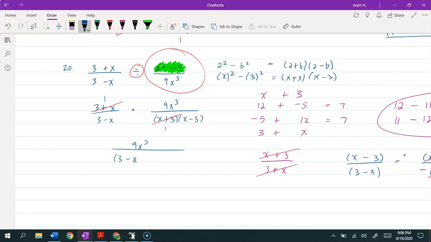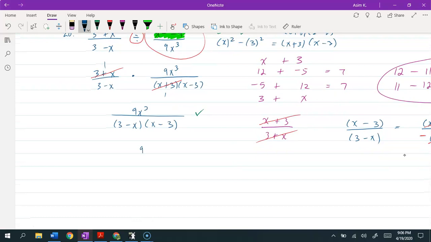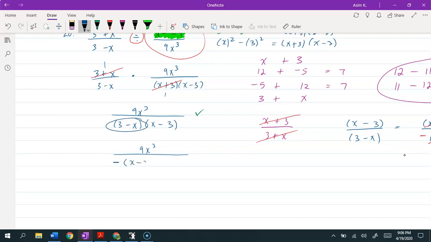You have a 3 minus x, and you have x minus 3. If you leave the answer like that, that's okay, but it's not advisable. What you should really do is take advantage of the little trick that I taught you and say, listen, 3 minus x is the same thing as negative x minus 3. And from before, you already had an x minus 3.